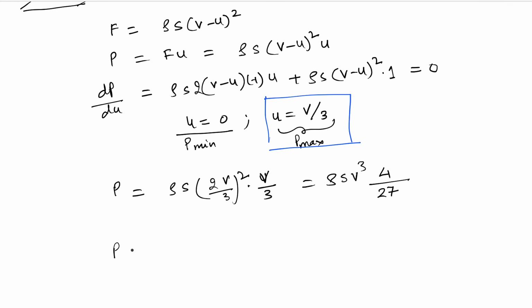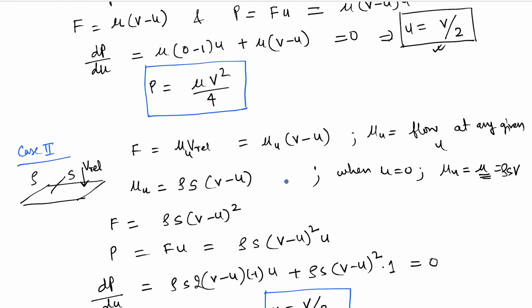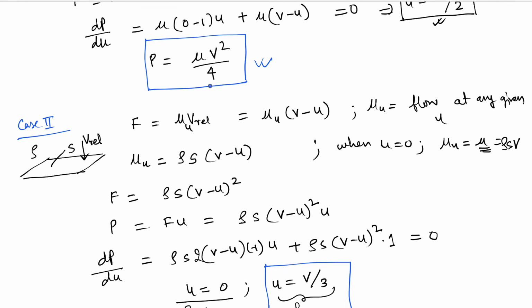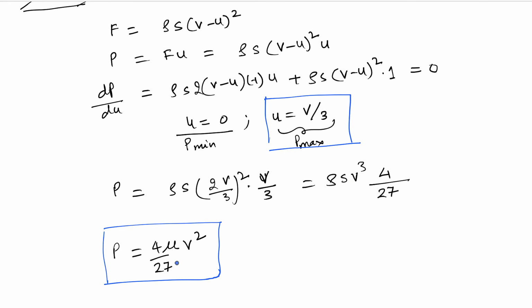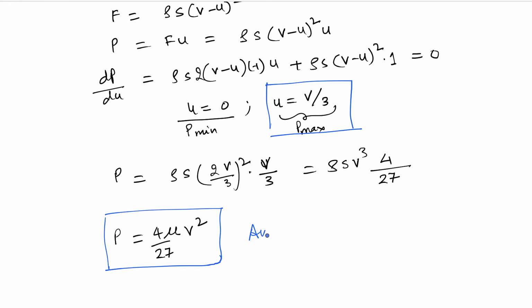So the power will be 4 by 27 mu v square. And this is the power that a turbine can produce optimally if the turbine moves with v by 3 velocity, compared to mu v square by 4 here, which is not realistic. The actual value is mu v square into 4 by 27, and that's the answer.